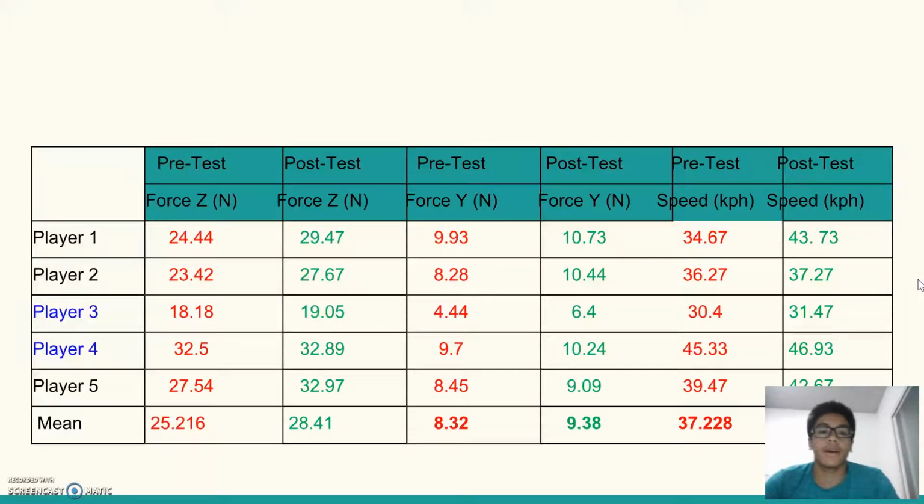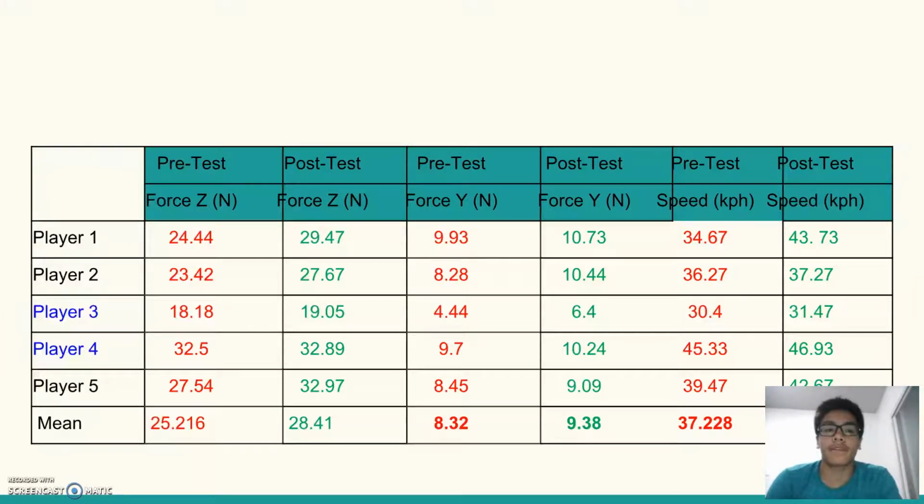Another thing we can observe here is the interrelatedness of the force y and force z with the speed. If you can observe in this table, player 4 and 5 have similar force z, meaning they had similar acceleration z. So they had a similar acceleration and force during the forward swing phase.